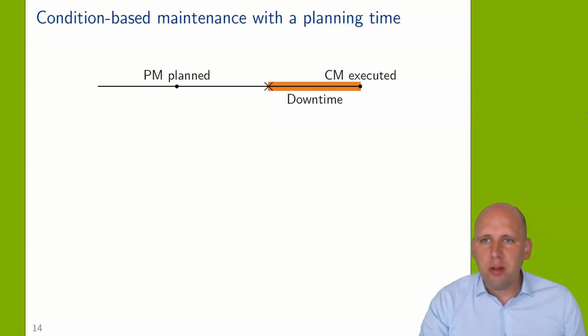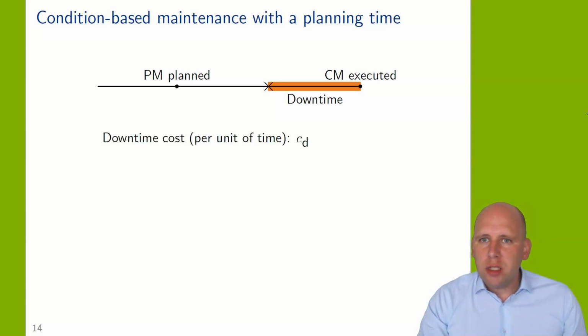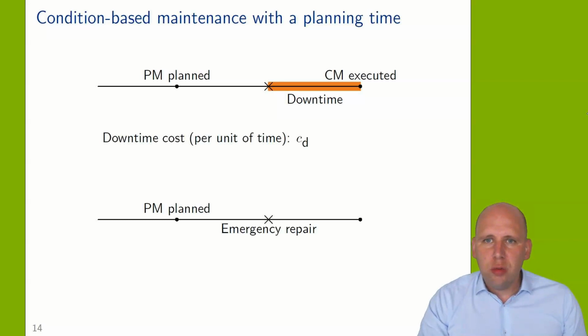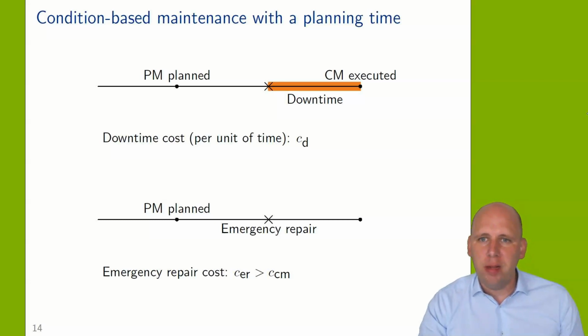So that means that we have downtime, and during this downtime we then incur a downtime cost CD per unit of time that we are down. In the second version, we assume that an immediate emergency repair is carried out upon failure. And then we don't have downtime, but an emergency replacement is more expensive than a normal corrective maintenance action.